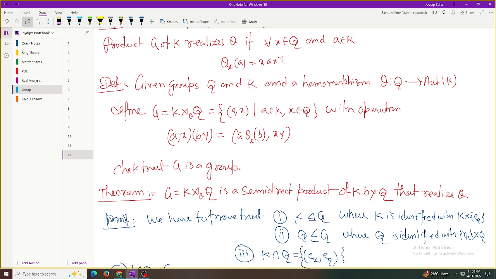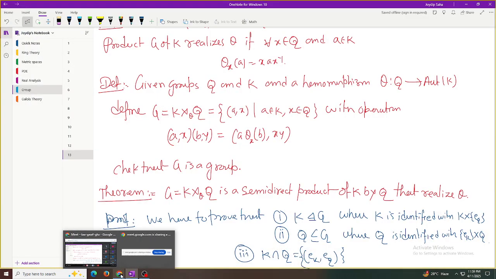Then find all homomorphisms from G quotient K to Aut K. Each homomorphism will define a group. That is your classification. If you have any questions, please ask me. I will discuss it next day.